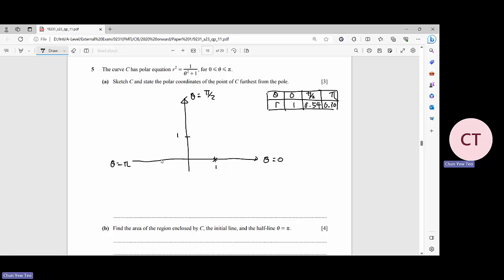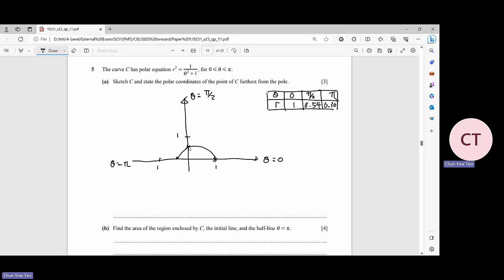So this is 1. This is also 1. But this one is 0.54, somewhere in the middle. Then this one is even lesser. So your answer will be like this. I'm supposed to draw from 0 to pi. Yeah, okay. So by right, the graph is supposed to be like this.